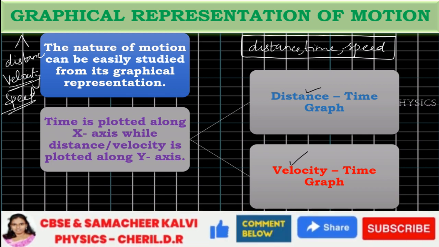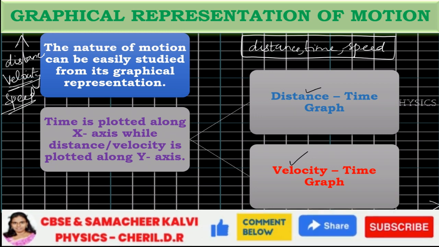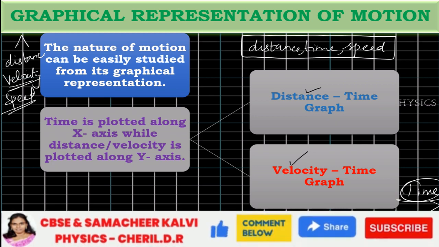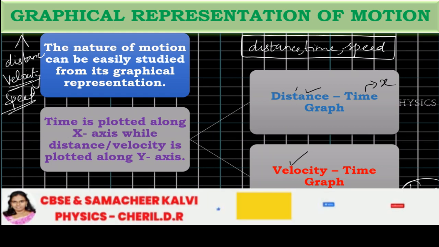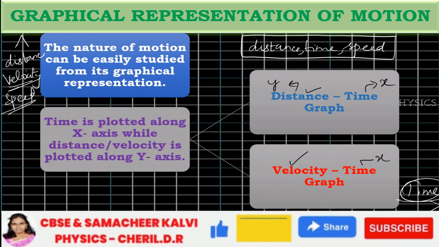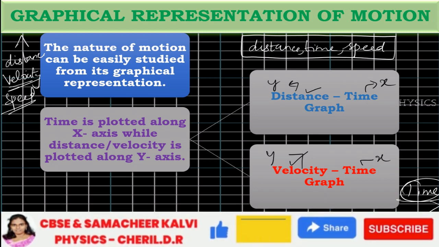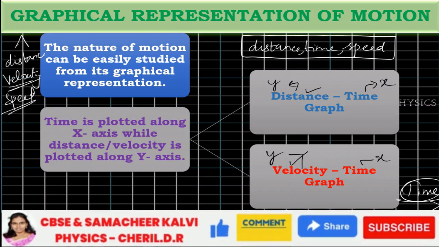Sometimes it's given as velocity time graph. The x-axis is always time by default. So for the distance time graph, you have time on the x-axis and distance on the y-axis. For the velocity time graph, it is time on the x-axis and velocity on the y-axis. These are the two basic graphical representations of motion.